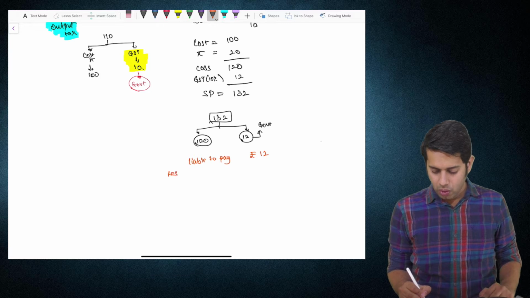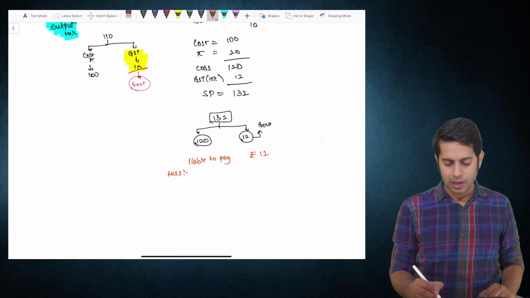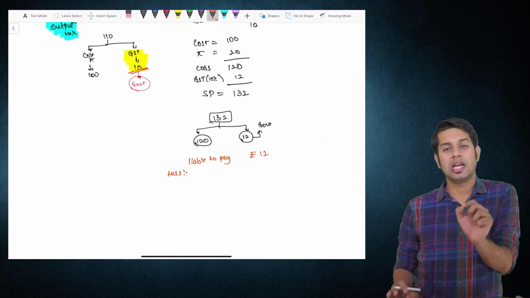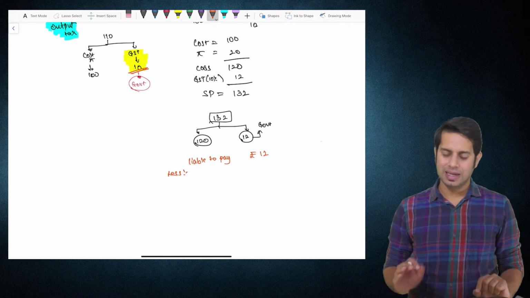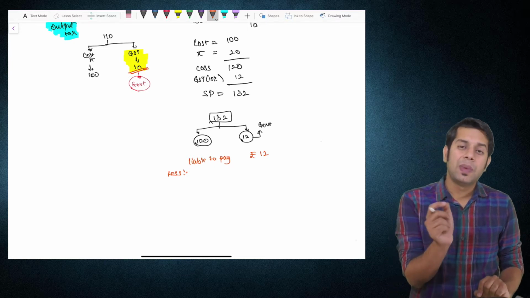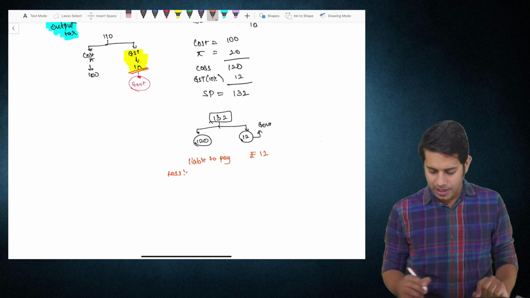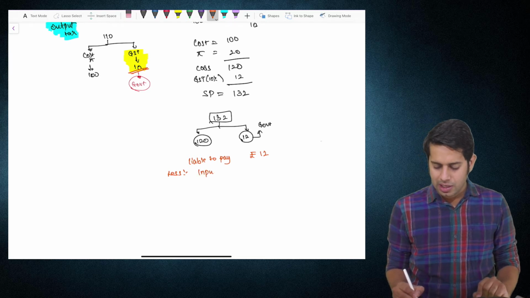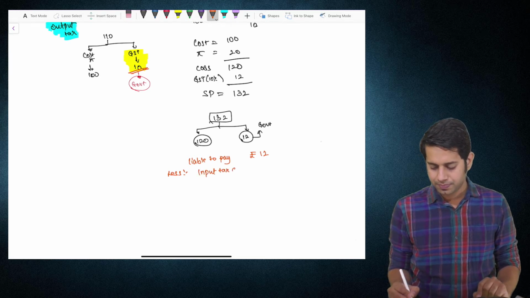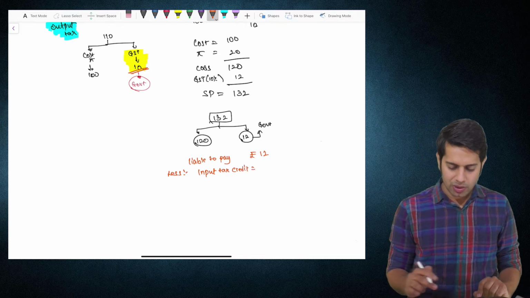But do you know that you have already paid me rupees 10? Indirectly, you have already paid me rupees 10. So please take the benefit of the tax which is already paid by you. So take the input tax credit. What do you mean by input tax credit, sir?